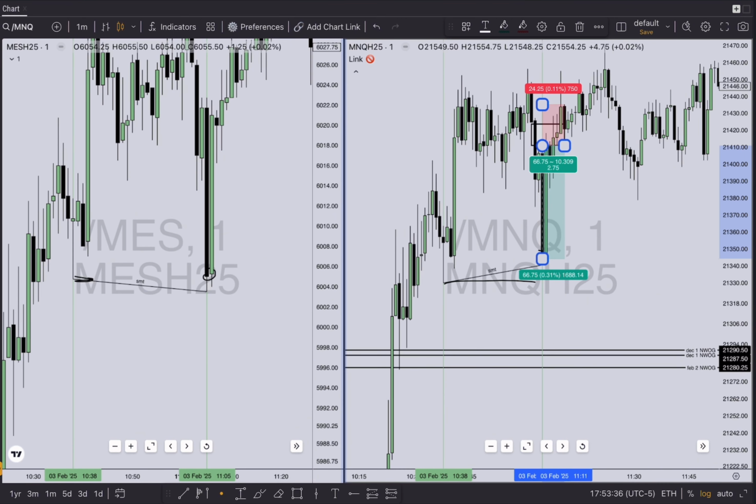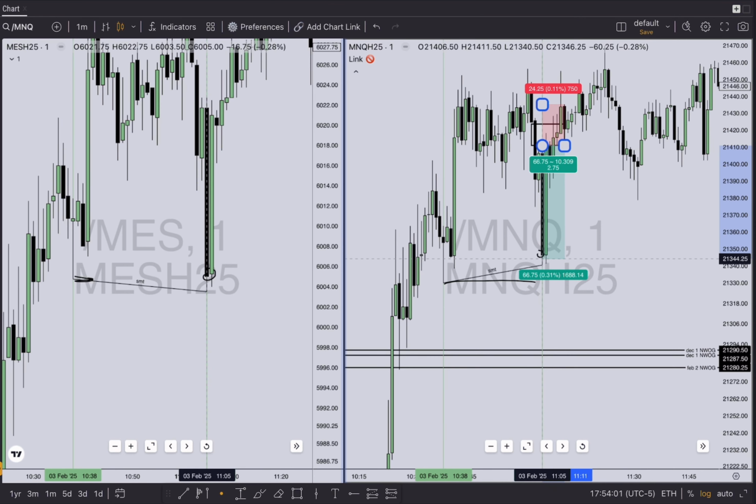Because SMTs not only help you enter trades, but they help you exit trades. Because if I see this kind of movement, then this might be an SMT. So I'm going to sacrifice this little bit of extra profit here to maybe save my whole trade. I don't mind closing my position here instead of at this low where I initially had it, because I see some SMTs.